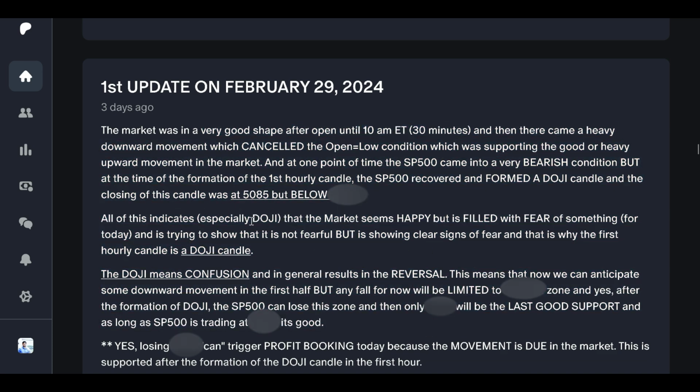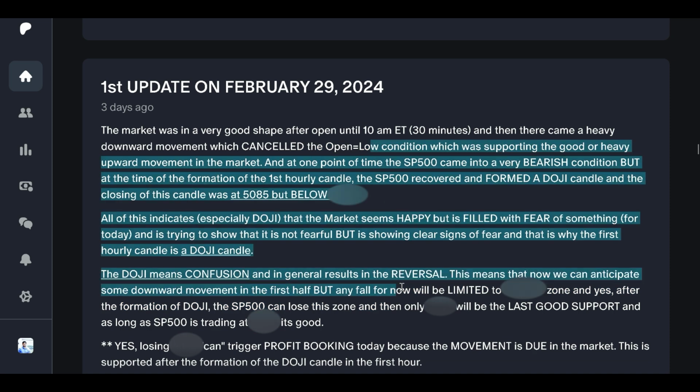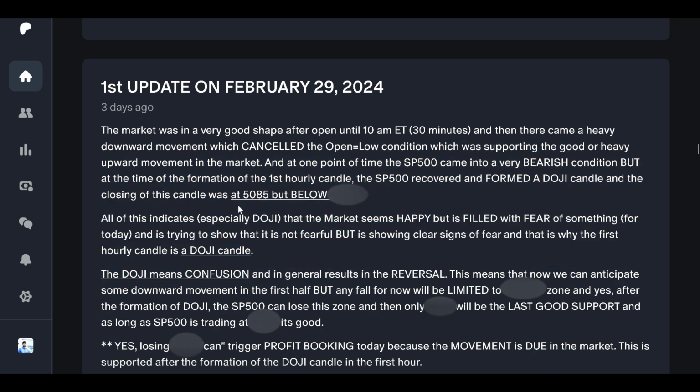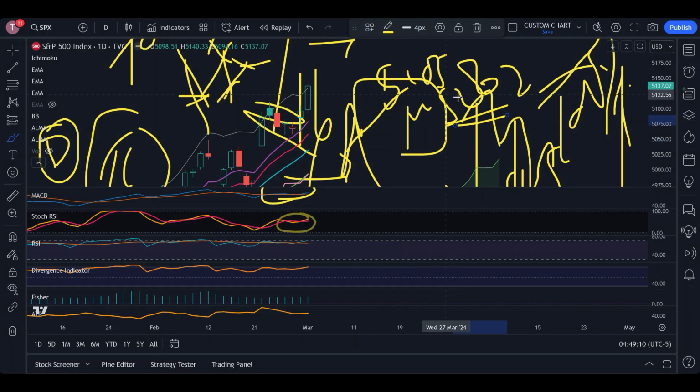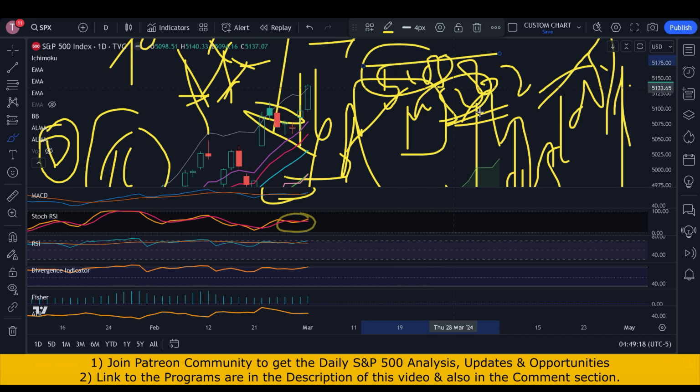Because the first hour was a doji, and the open equal to low condition was cancelled, and also because of my strong support and strong resistance zone, we were anticipating the movement, for the first half and then the entire day, to be in between these levels. On the bull side it missed by 2, 3 or 4 points, and on the bearish side it missed by 4 or 5 points.